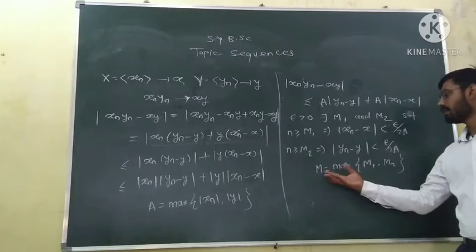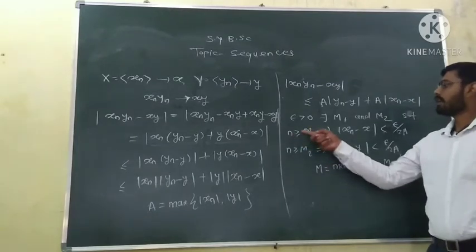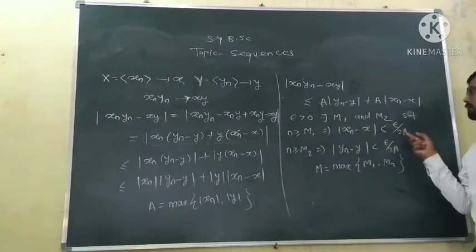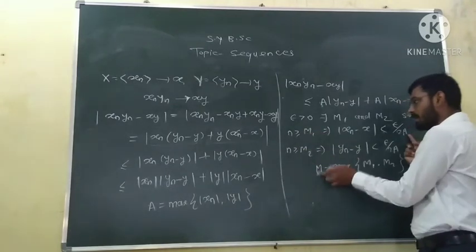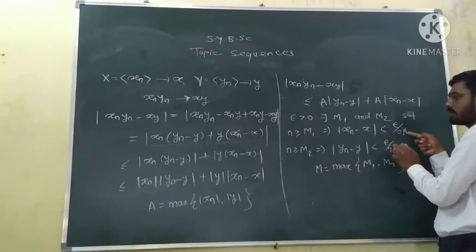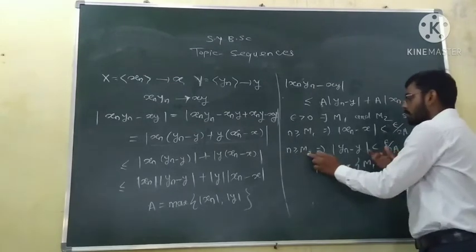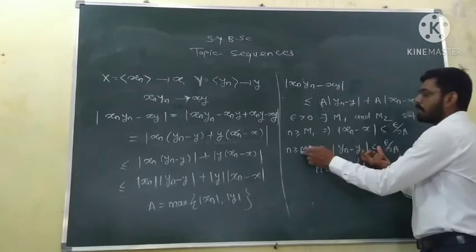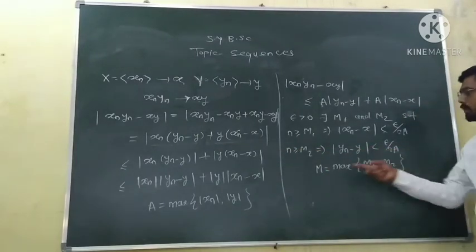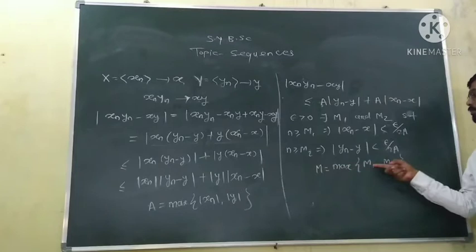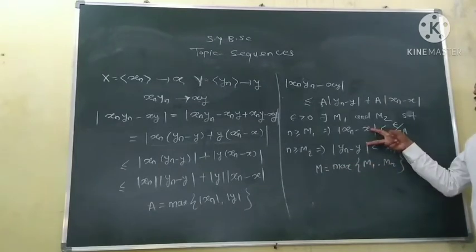Whenever n is greater than or equal to m1, this is less than epsilon by twice a, and m is already greater than or equal to m1, so whenever n is greater than or equal to m, this is less than epsilon by twice a. Similarly, whenever n is greater than or equal to m2, this is true, and m is greater than or equal to m2, so this is also true. So for m equal to the maximum of m1 and m2, both these conditions are true.